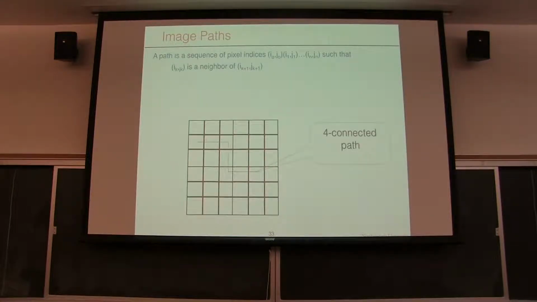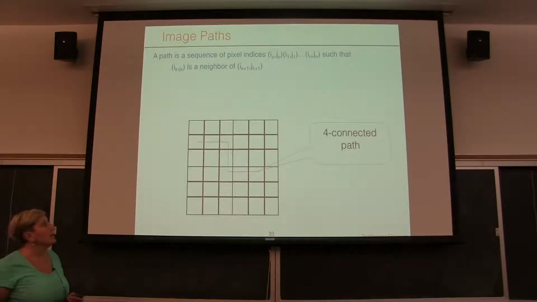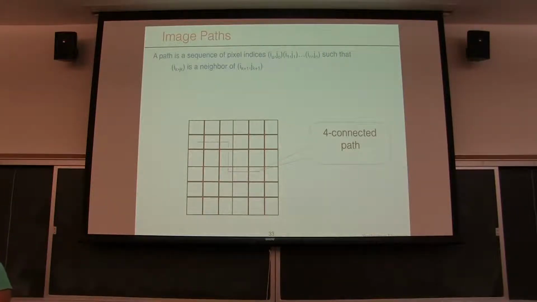So here is my image, a grid. And I want to go from this pixel to this pixel, following some path. Now, if when I traverse from here to here, I always cross vertical or horizontal lines, then I have a 4 connected path, because I'm always moving from my current location to one of my 4 neighbors.